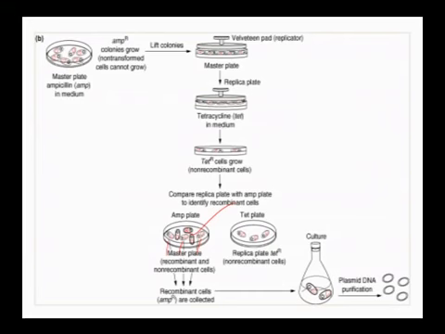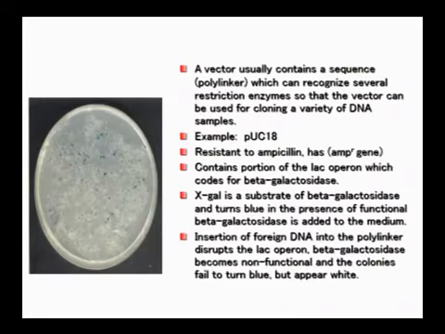By using some other selectable marker gene like the lacZ gene in any of the vectors, in a single plating itself we can select the recombinants from non-recombinants. This is one such example. When we inactivate the lacZ gene in pUC18 or some other vectors, both recombinants and non-recombinants will grow.